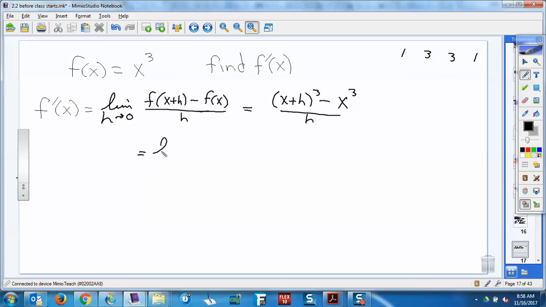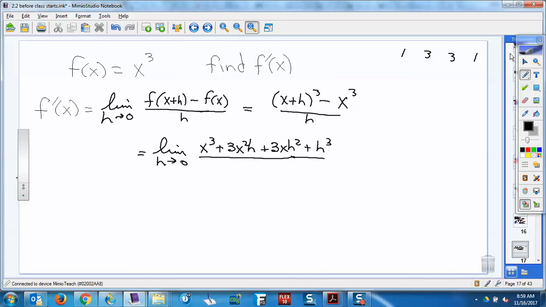Okay, now here's where Pascal can come in handy. This will save me a little bit of time here. So x plus h cubed is going to be what? 1x cubed plus 3x squared h plus 3xh squared plus h cubed.